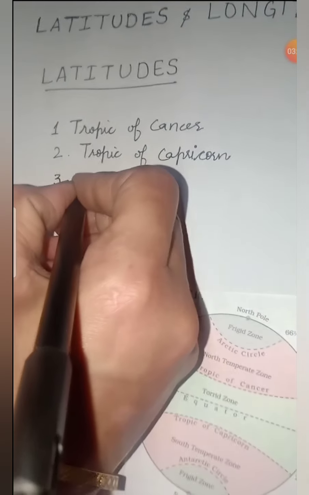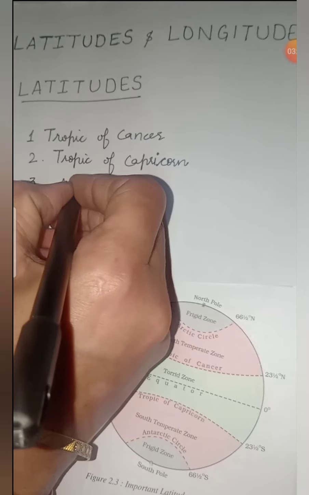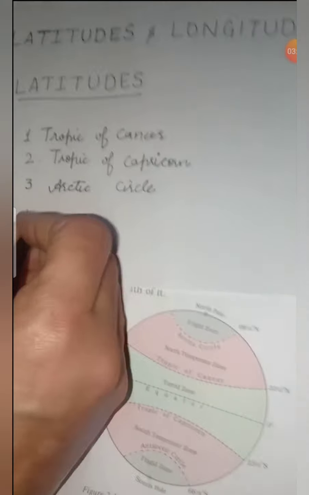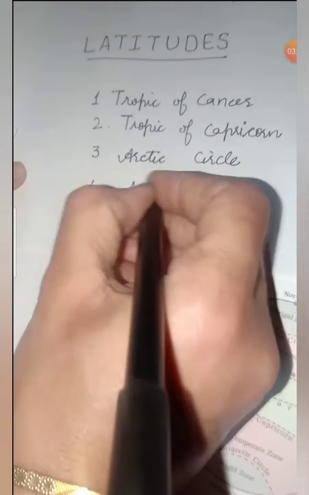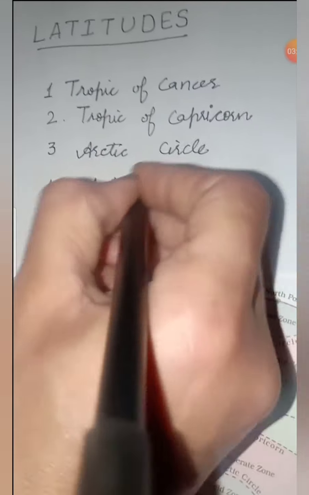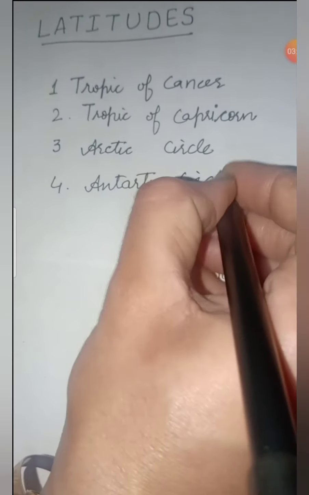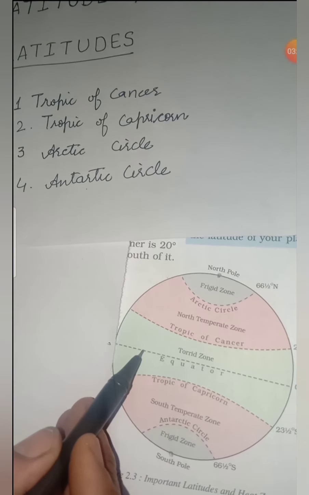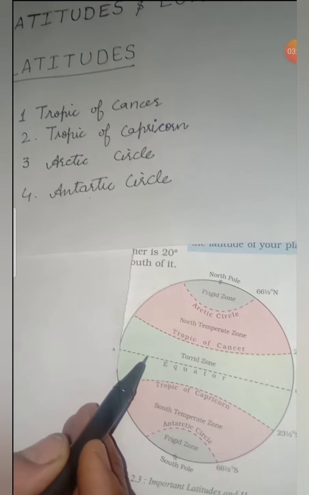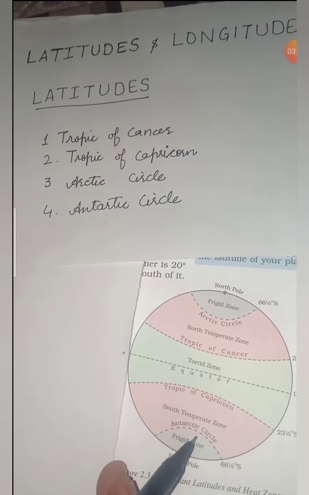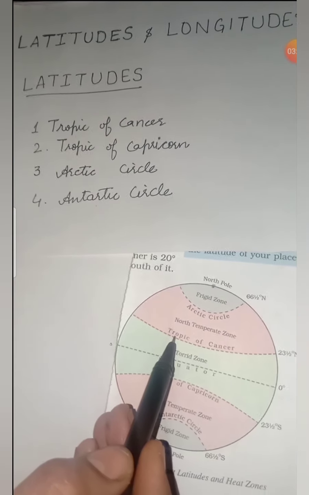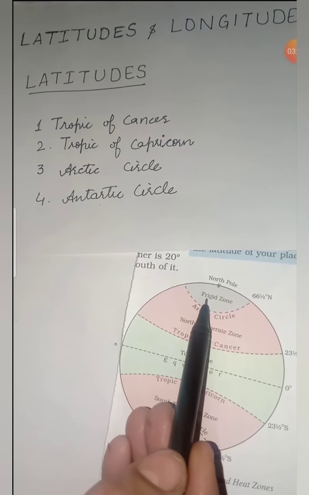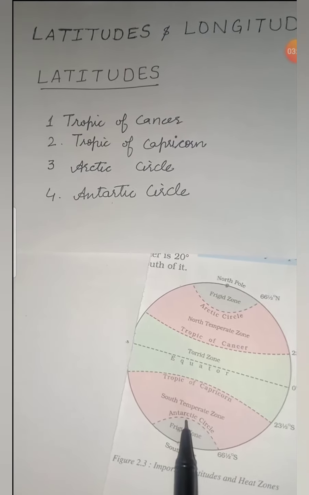Number three is the Arctic Circle. Number four is the Antarctic Circle.